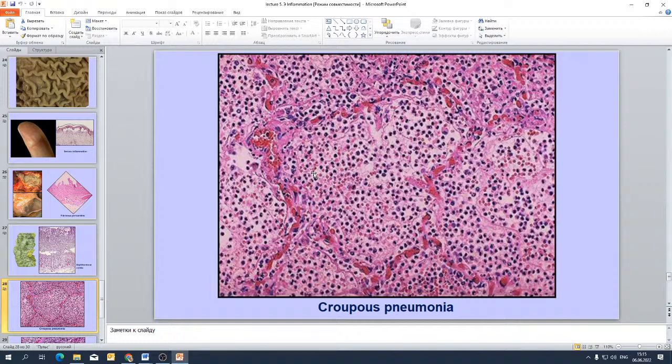Red color is erythrocytes, there are a lot of erythrocytes. Plus, here you see a lot of different inflammation cells. Plus, you see neutrophils, segmented leukocytes, and you see walls of alveoli, and a lot of vessels, blood congestion of vessels.